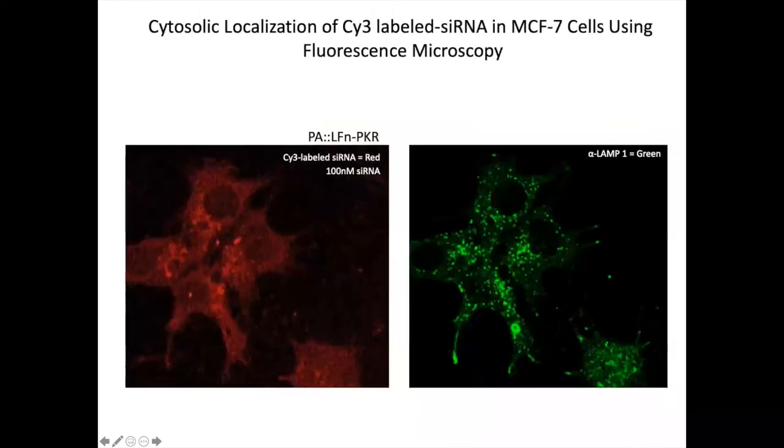Next slide, please. We can also use fluorescent microscopy to see Cy3 labeled siRNA in cells. I think you can see here vesicular structures which manifest as LAMP-positive puncta, and it's quite obvious to see here that although there are puncta associated with the siRNA signal, there's also quite a lot of red signal which isn't in puncta.